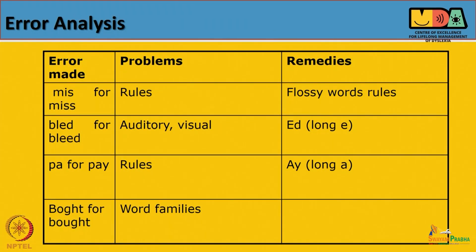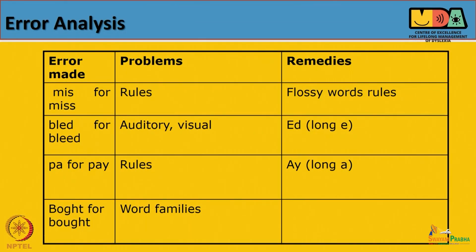So once you teach a child in a structured way the Flossie rule, which says that when you have a single syllable word with a short vowel sound ending in F, L, S and Z, then the last letter has to be doubled, once you teach them this rule, the child will be able to correct himself.